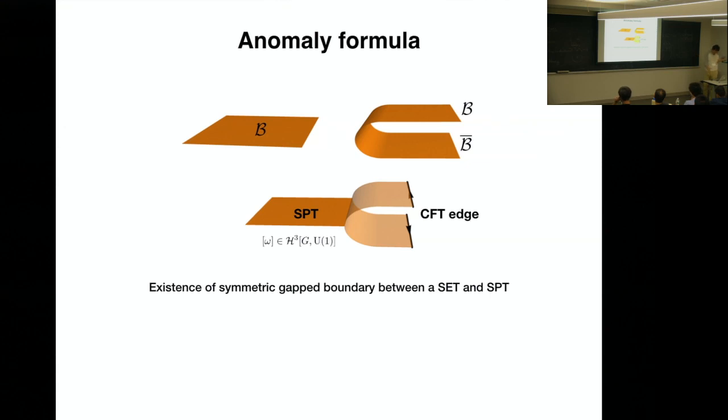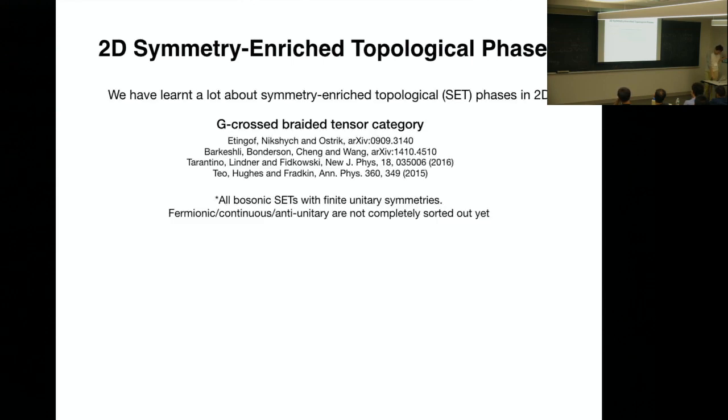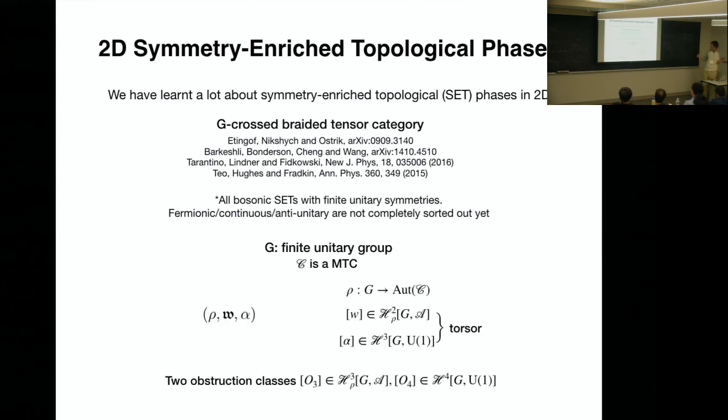Well, we have learned a lot more about symmetry enriched topological phases in the past several years, so I'm not going to get into all the details. But just to quickly mention the data that characterize the symmetry enriched phase in 2+1. Again, we can eventually nail it down to three pieces of data.